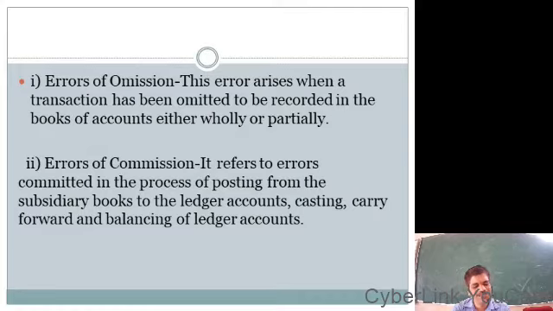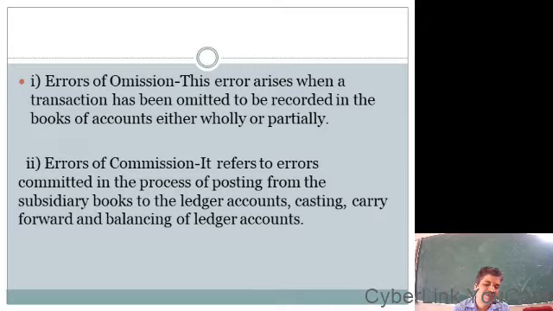Usually, it arises due to mistake of the clerical staff, and this may be a complete omission or an error of partial omission.